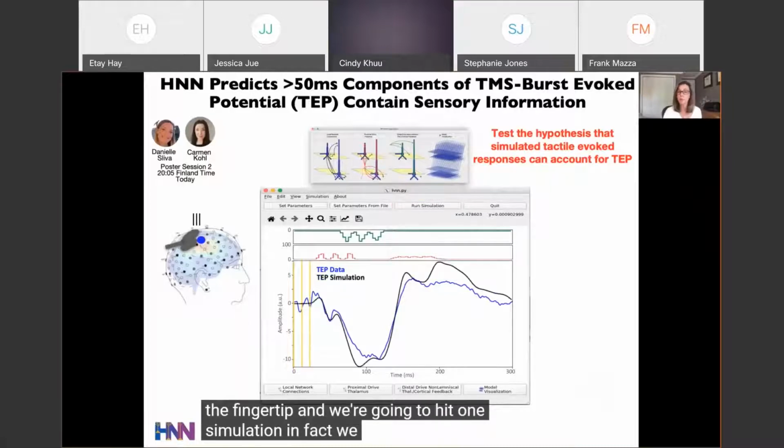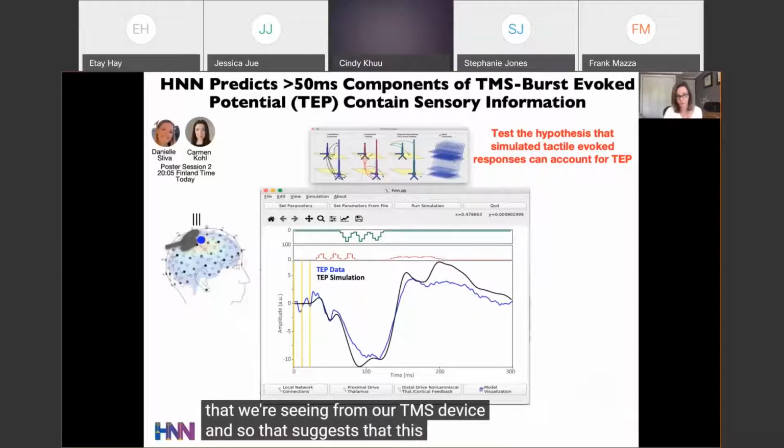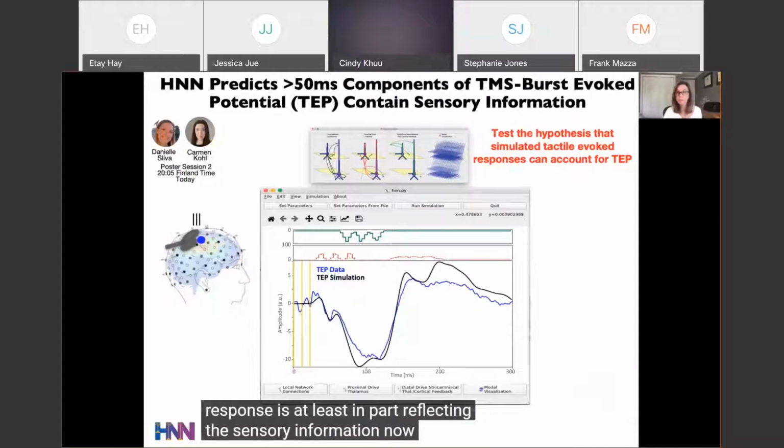And in fact, we see that remarkably, the sensory evoked input can almost perfectly reproduce this TEP that we're seeing from our TMS device. And so that suggests that this evoked response is at least in part reflecting the sensory information. Now, importantly, this earlier component of the evoked response may not be influenced by the sensory information. And so what we're doing ongoing in the lab is looking more closely at the earlier components of this evoked response. And again, for further details on that, please tune in to our poster later this afternoon.